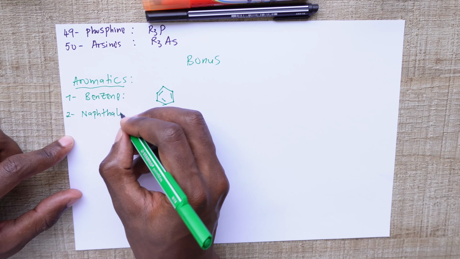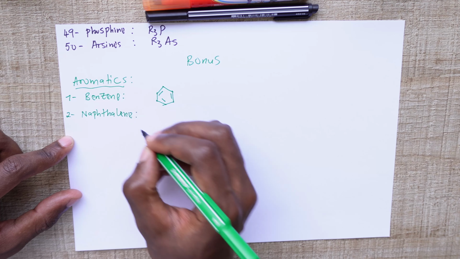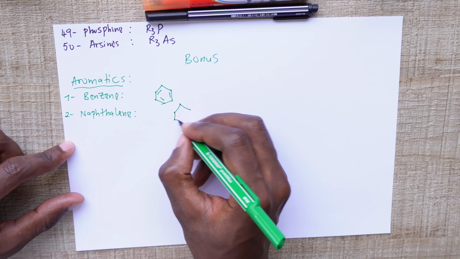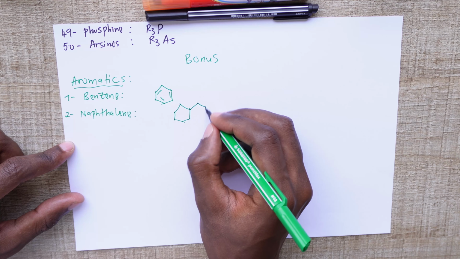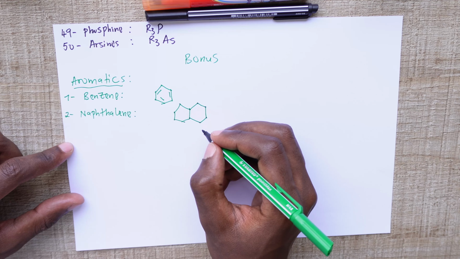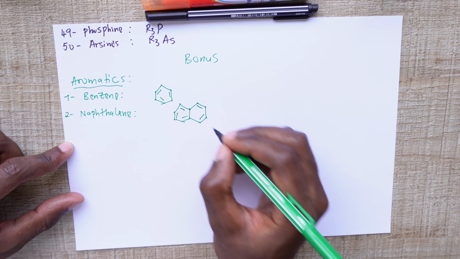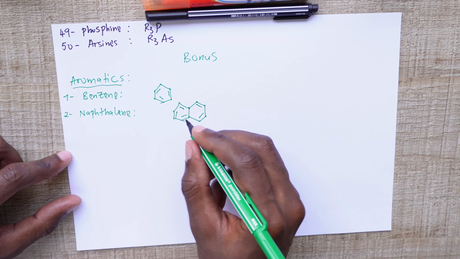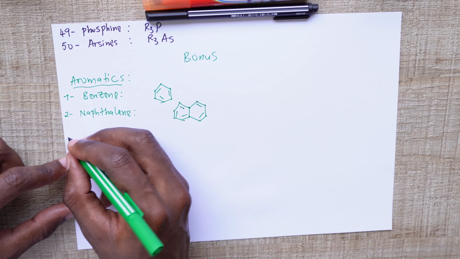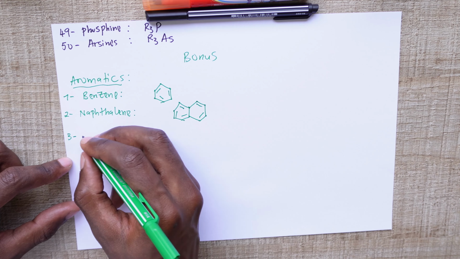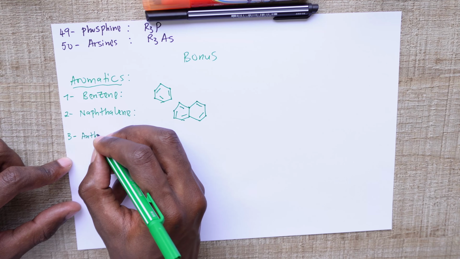Okay. So we have the naphthalene. The naphthalene functional group. So 2 benzene rings. And then just add some double bonds. Really looks beautiful. I'm sure you find it beautiful. Okay, let's move to the third one. So here we have the anthracene.